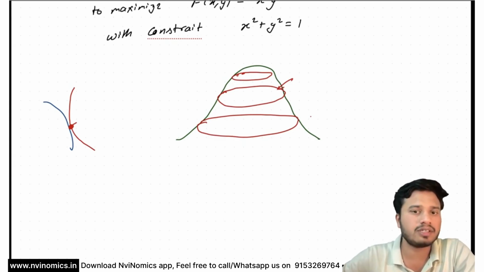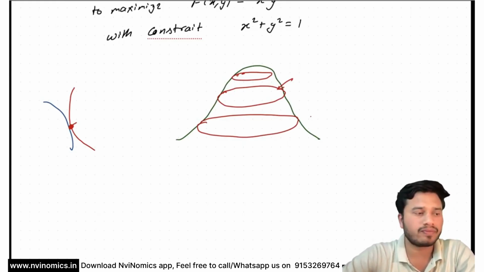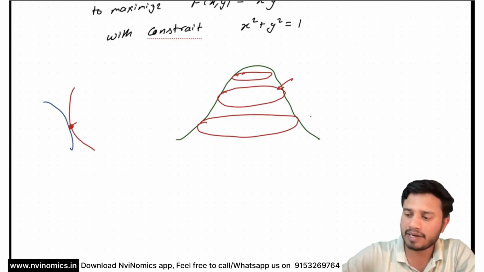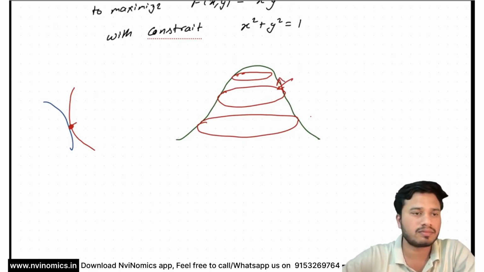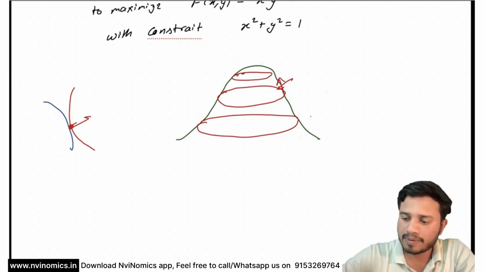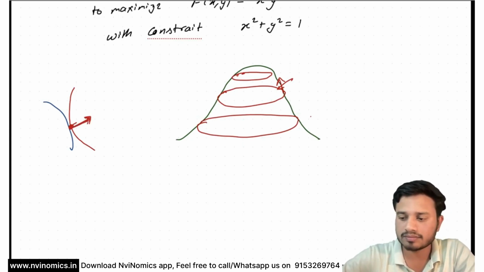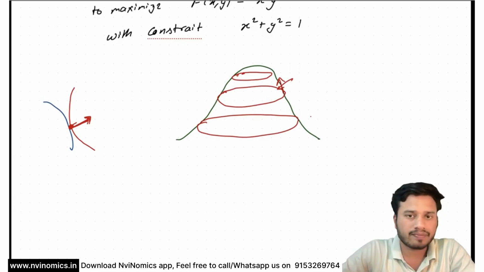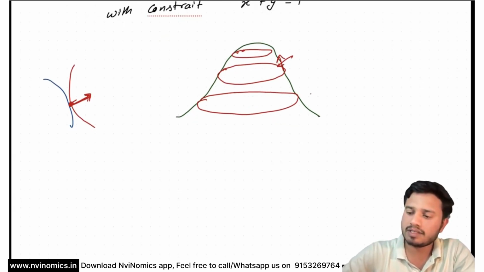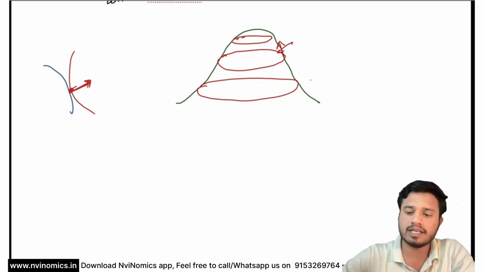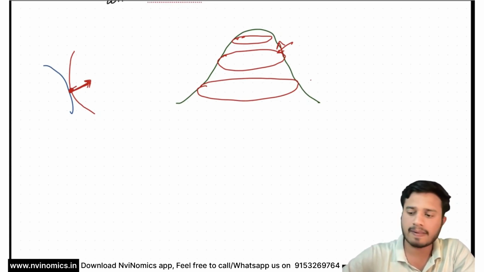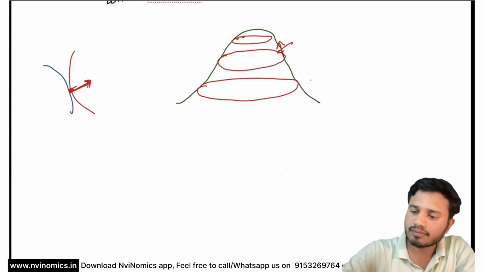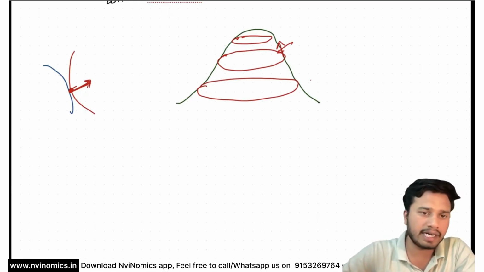So what will be the steepest direction here? Where should you go? The steepest direction will be the perpendicular direction. So the gradient will be perpendicular to both of these. That means that for both the curves, the gradient will be perpendicular. Suppose for this red contour line, the gradient is this.